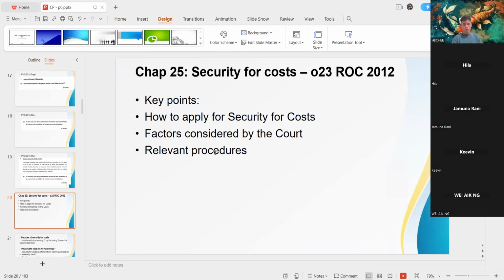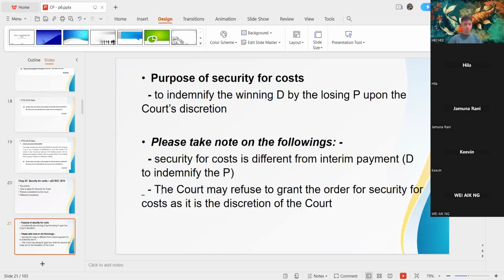And then how to apply for security for costs and the factors considered by the court will be discussed accordingly. The first thing is the purpose of security for costs. The purpose is to indemnify the winning defendant. Rani, in what circumstances is security awarded?